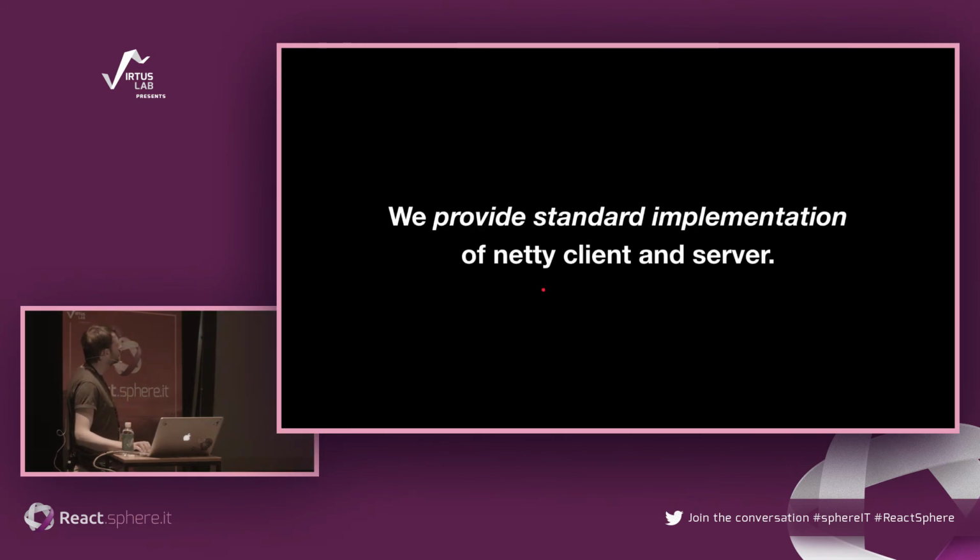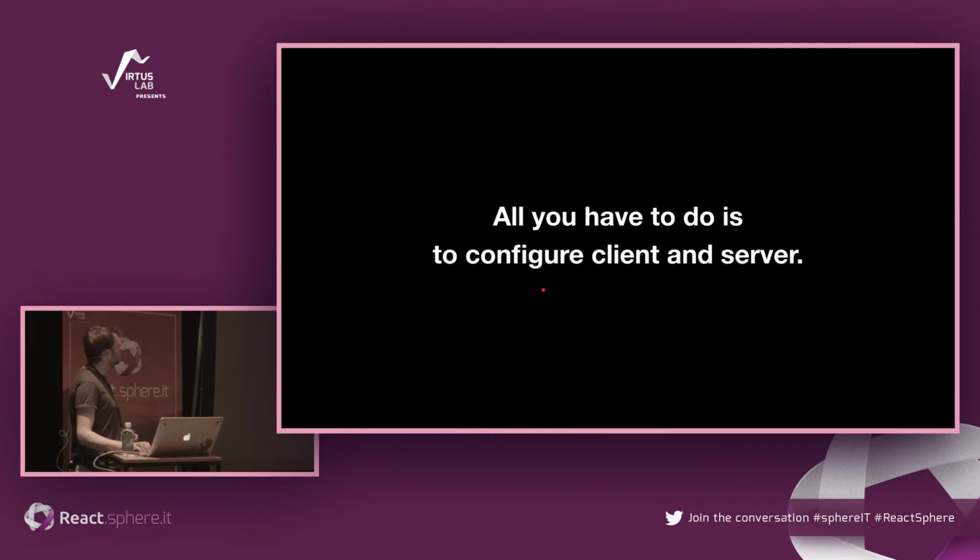In conclusion, we provide a standard implementation, and that's very important because there is no code duplication. We provide a standard implementation of mocks, and it's even more important for our development cycle, because we can create integration tests more easily. All you have to do is put your developer hat on, configure the client and server, and use our mocks.